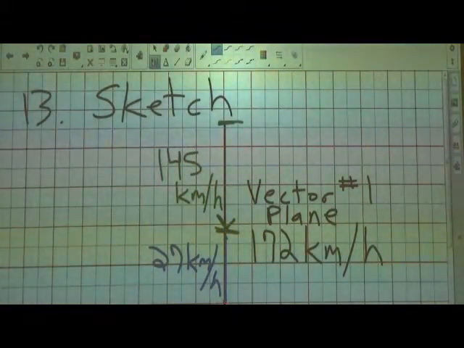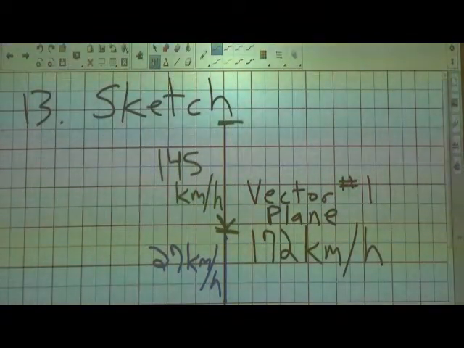So you need to find the difference from here to here, and that must be the wind blowing in the opposite direction. So that wind is blue, which means that if you take 172 kilometers per hour and subtract 145, you get 27 kilometers per hour. That has to be the wind.